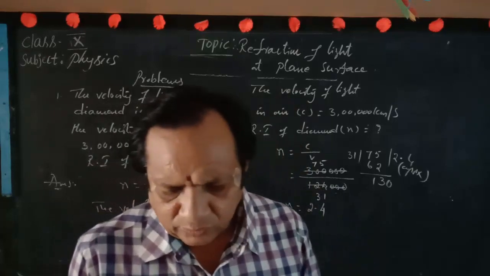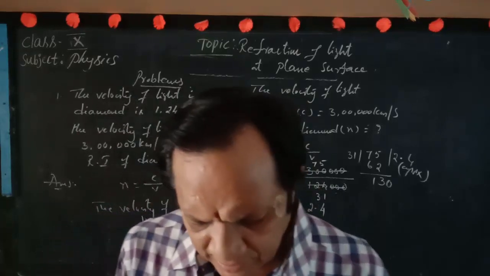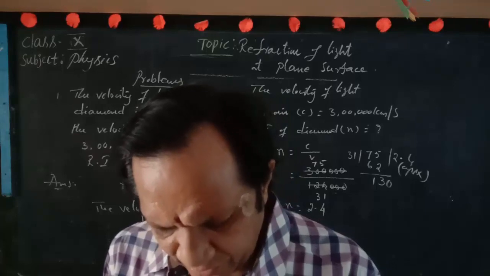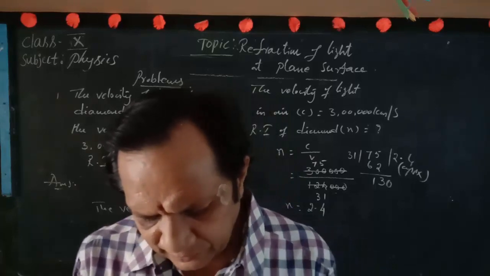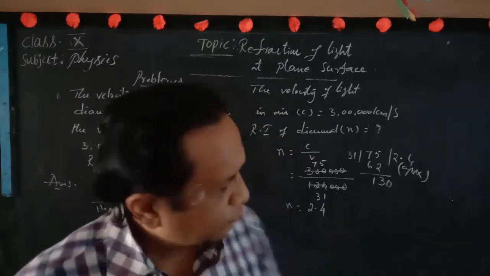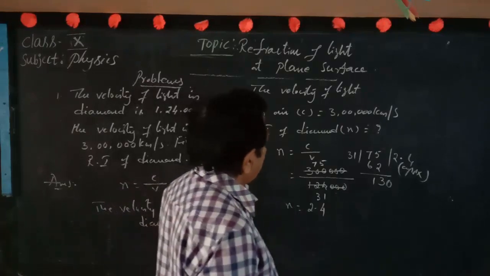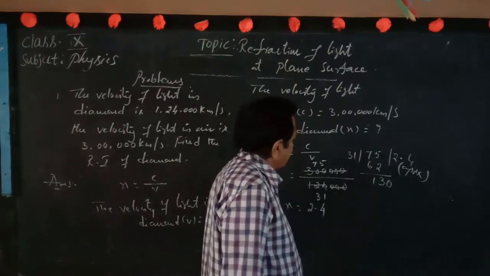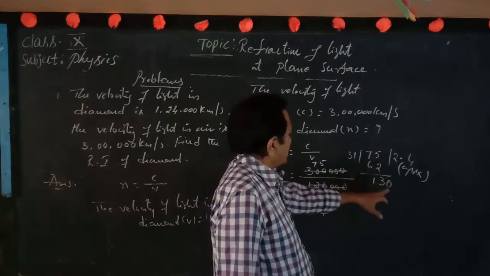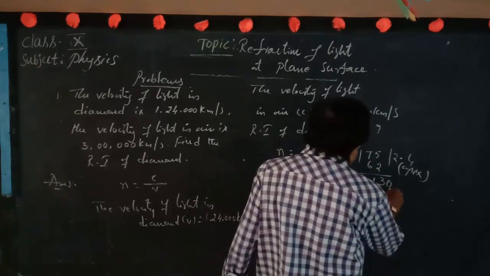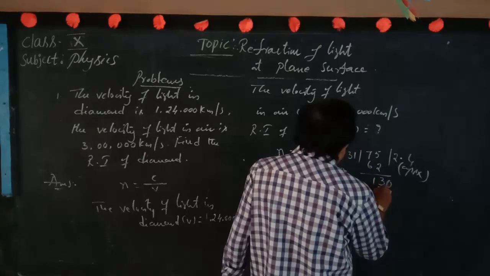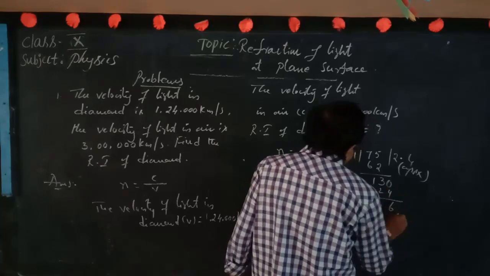Okay. So that's the refractive index of diamond value, right? 2.4. 4 ones are 4, 4 threes are 12, 4 ones are 4, 4 threes are 12. So 6 remain.